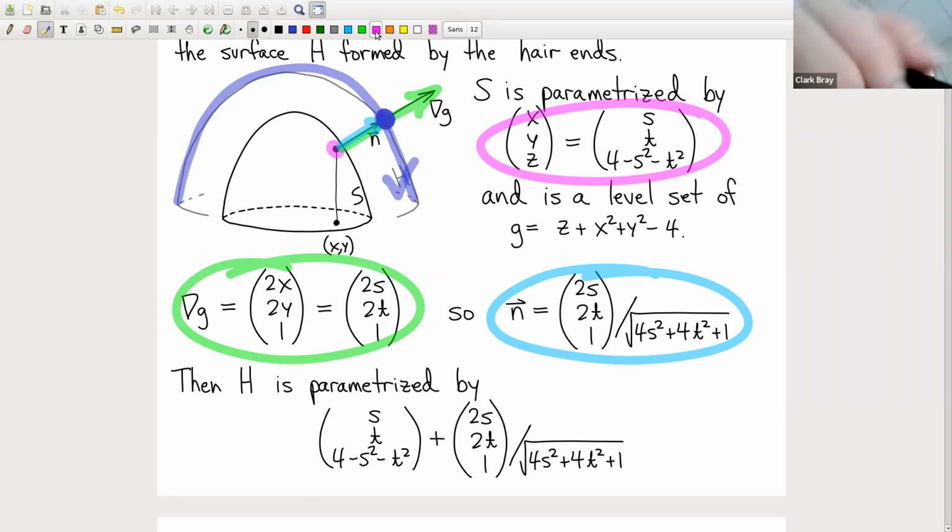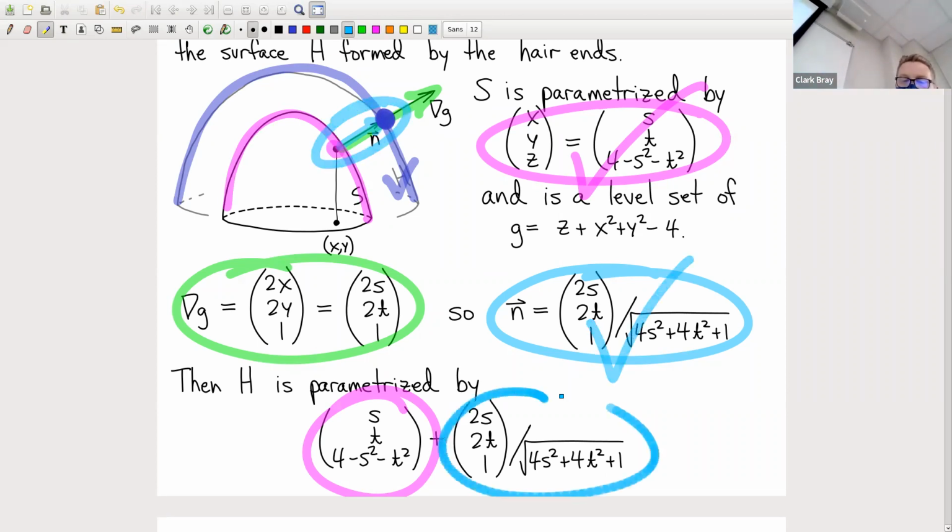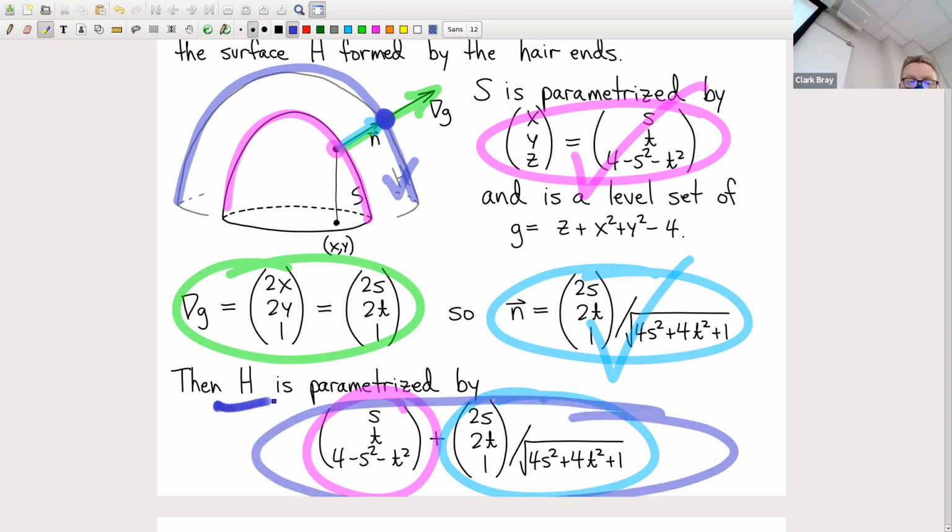It's the point on the original surface S plus this blue vector, and purple plus light blue is what gets me to a point on that surface H that I'm actually interested in.